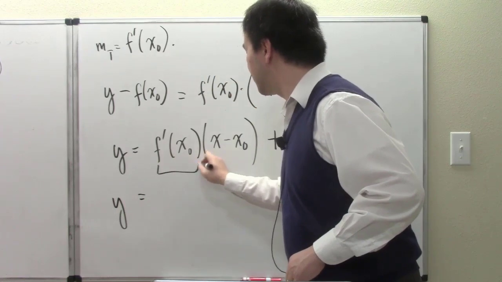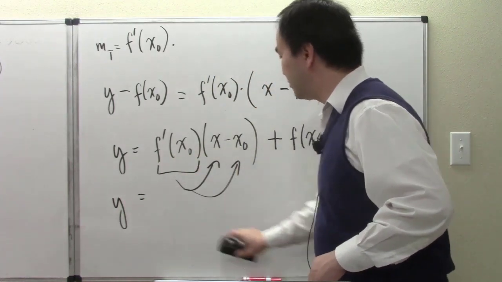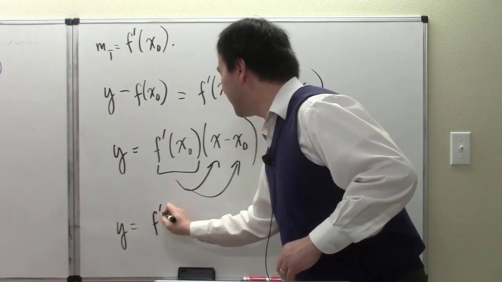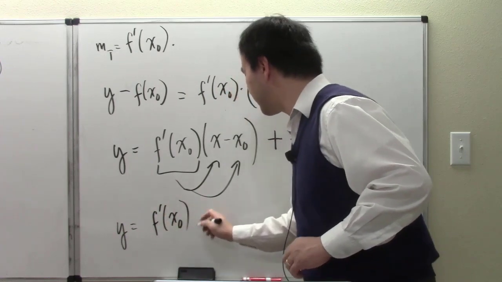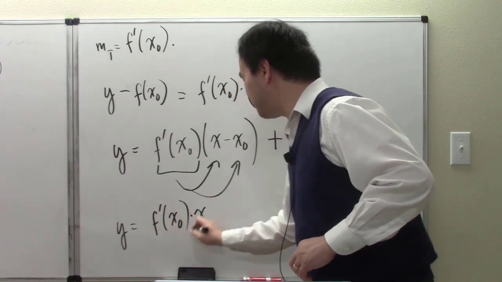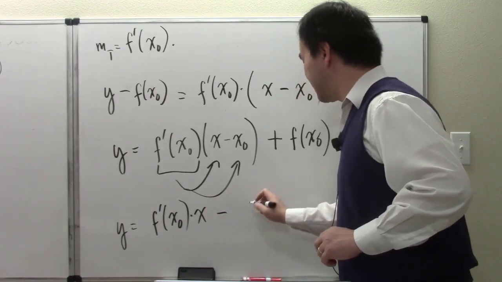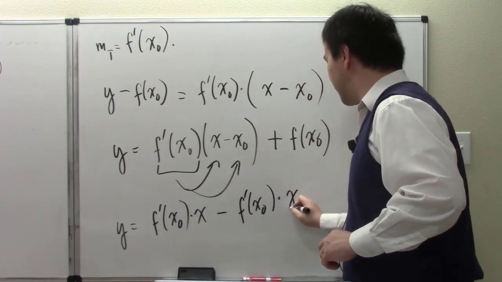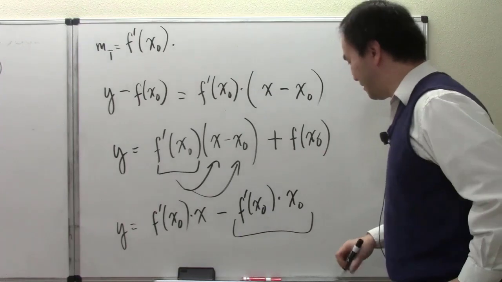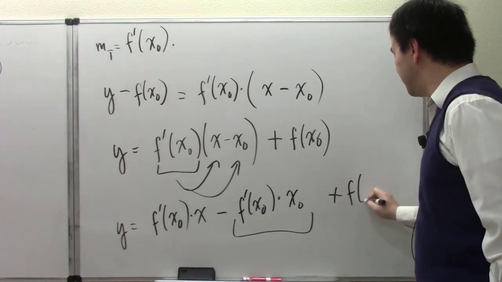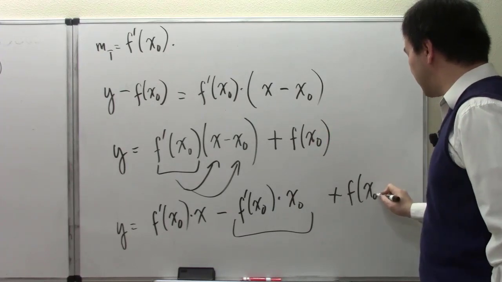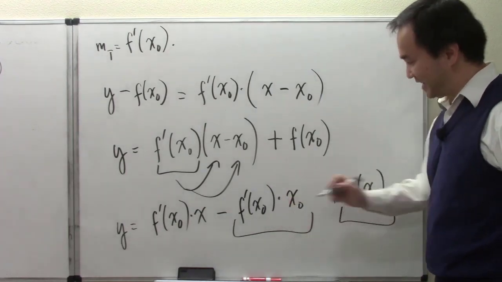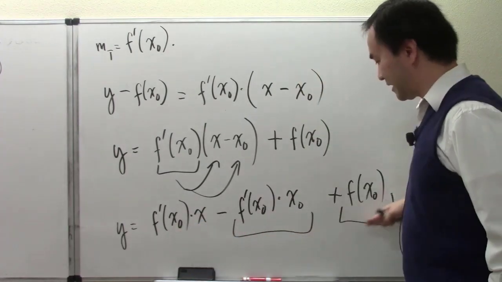And then distributing that term into each term, we're looking at y equals f′(x₀) times x, that's slope times x, minus f′(x₀) times x₀. This is a constant value. And plus our f(x₀). So these are actual constant terms, technically like terms, and all that here is the intercept.